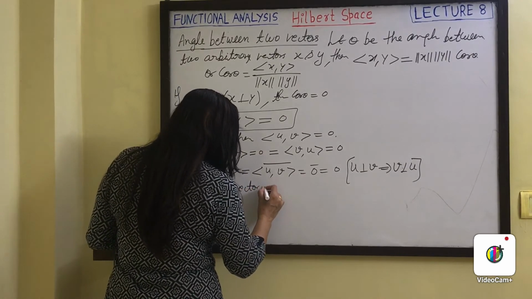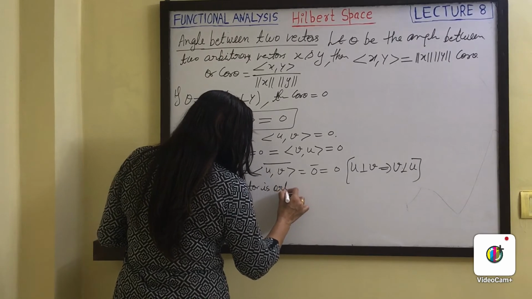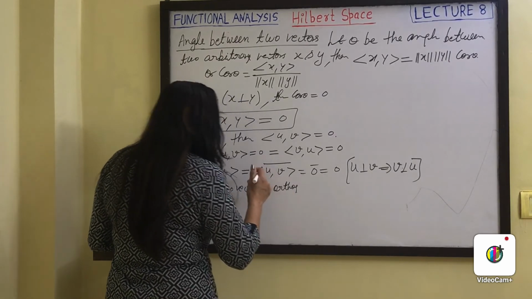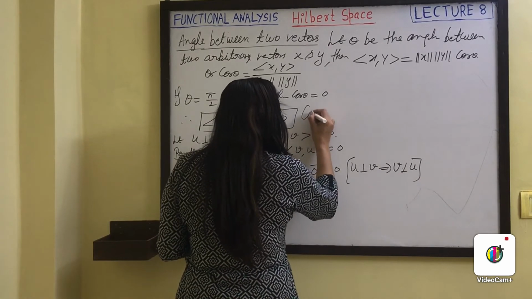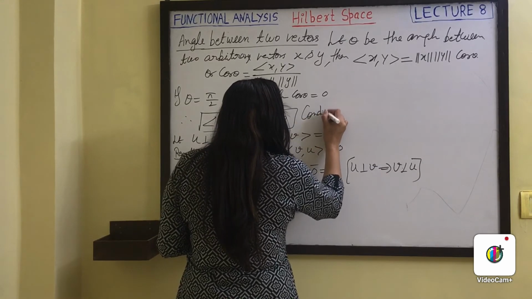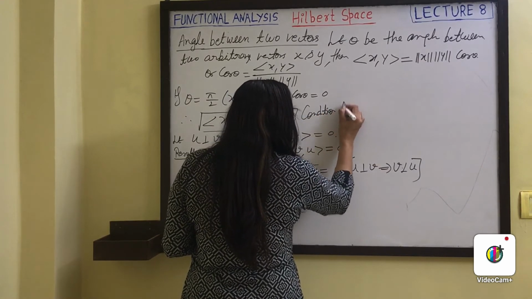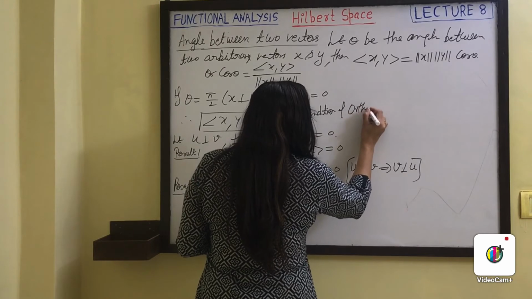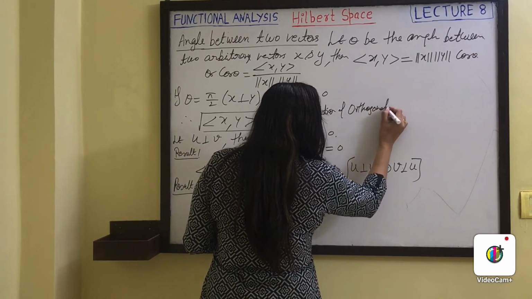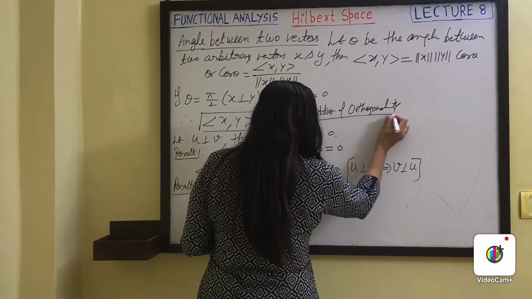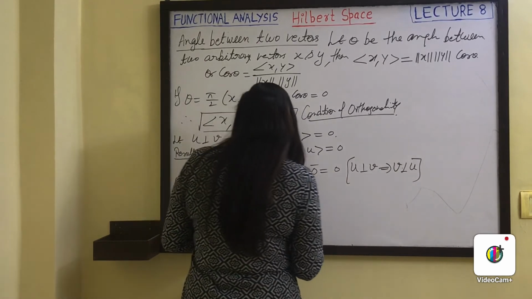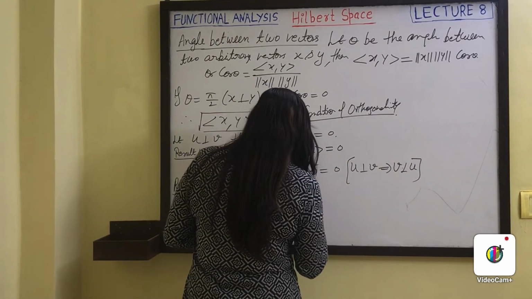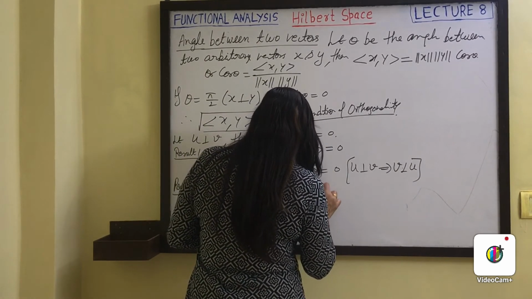The zero vector is orthogonal because this is the condition of orthogonality.